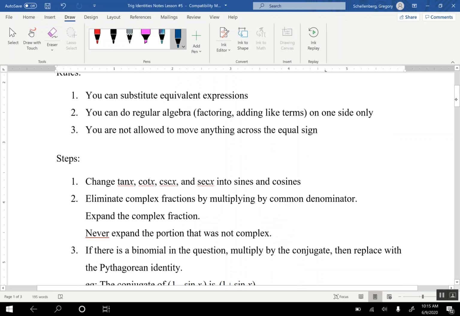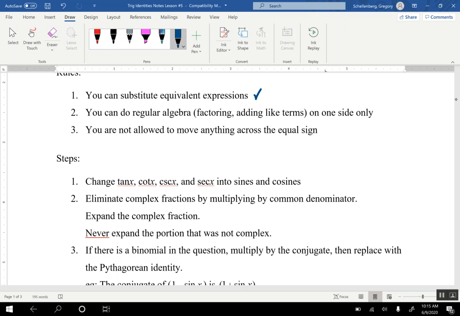Okay, so rules. We can substitute equivalent expressions. Okay, you have a formula sheet. If you haven't found that formula sheet, you will find it on my website. But the formula sheet has a number of different identities. You can substitute anything that is equivalent into one of your proofs, and you can go from there.